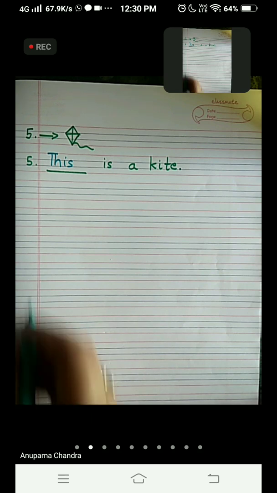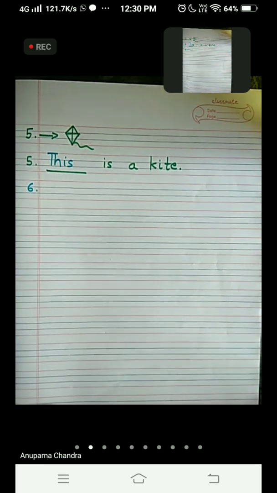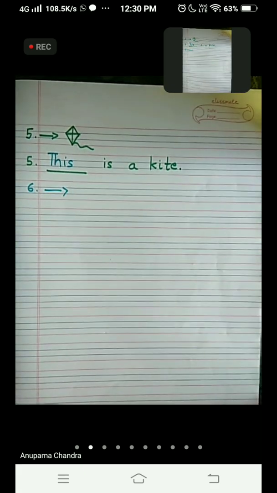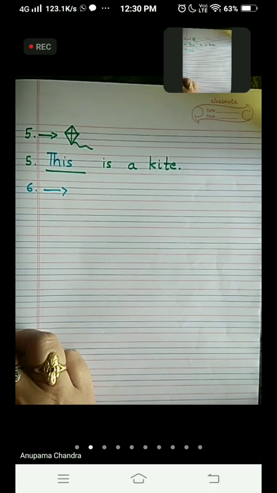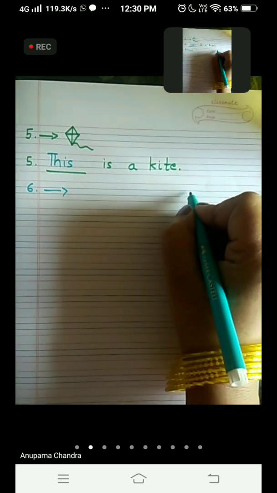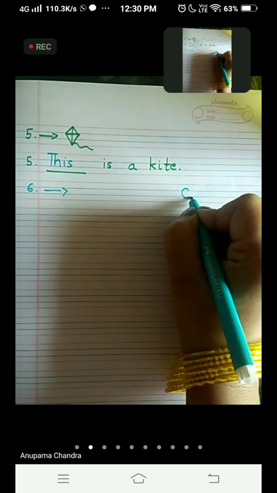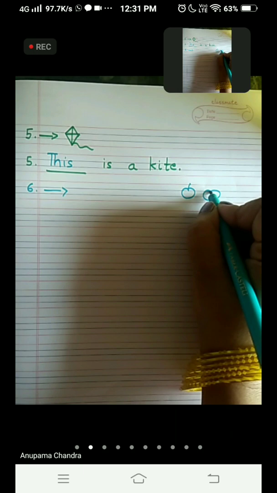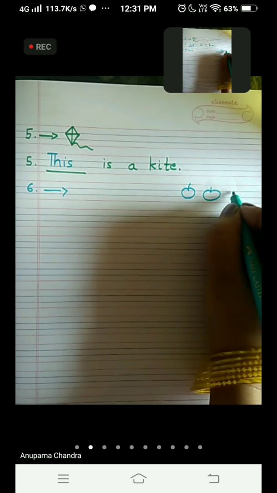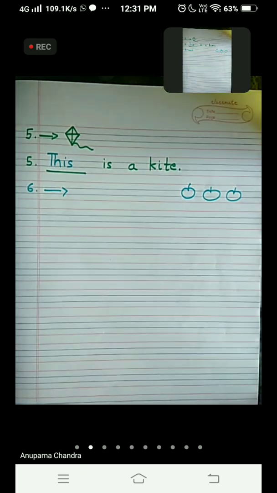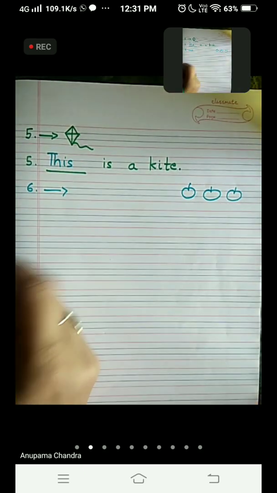Now we come to number 6. Make an arrow and leave some space and we are going to draw apples. Okay, these are apples.